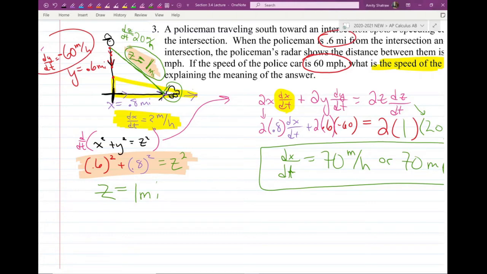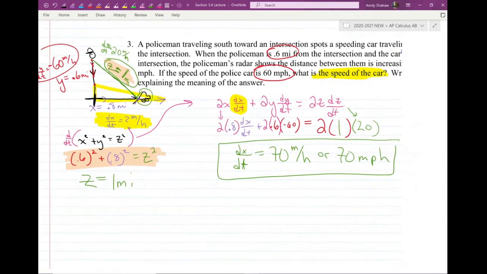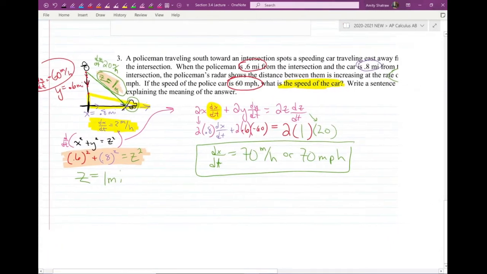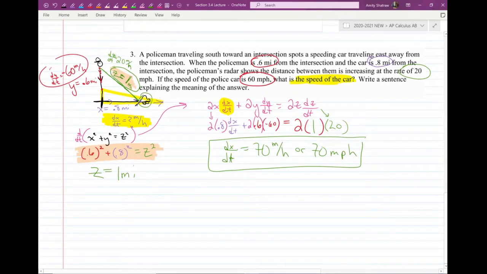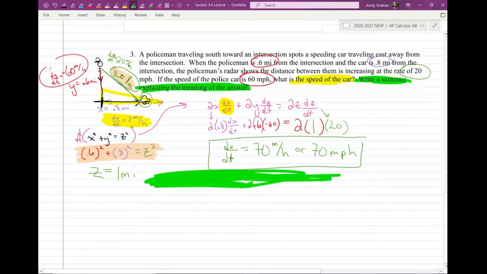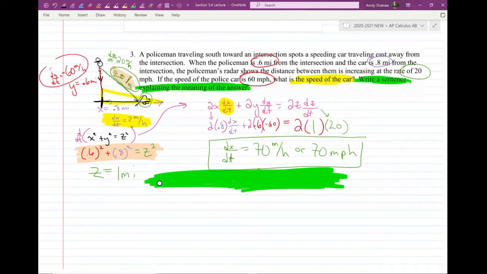So here's something that you should plan to do in order to make sure that you get the maximum number of points. Ready? Write a sentence explaining the meaning of the answer. Right here. Write a sentence explaining the meaning of the answer. I am going to do that because, like I said, the first time you do this, if you make a mistake on a plus sign or a minus sign, you can actually fix that mistake and still get a majority of points just with your sentence.